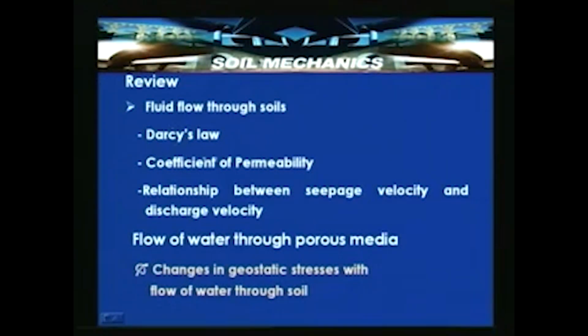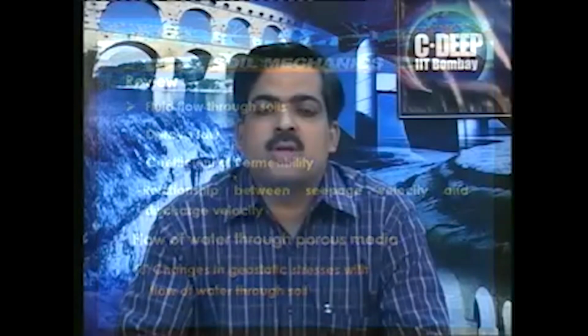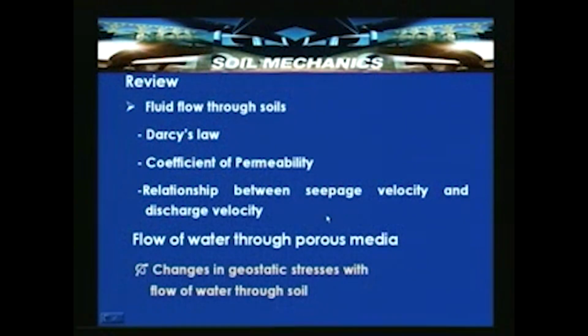In the review of the previous class, we have understood fluid flow through soils, and we introduced Darcy's law after Darcy 1856, and introduced a very important parameter in soil mechanics called the coefficient of permeability. And we have tried to deduce the relationship between seepage velocity and discharge velocity, which we also named the superficial velocity.